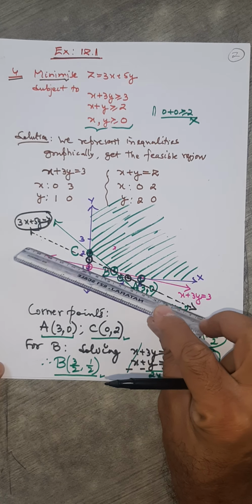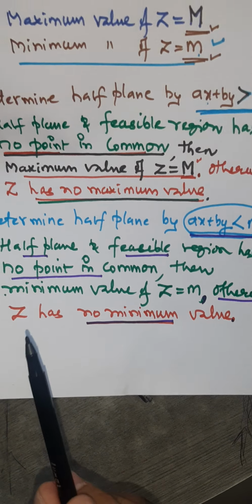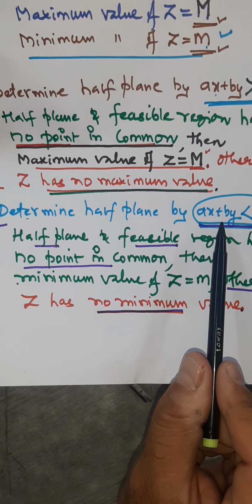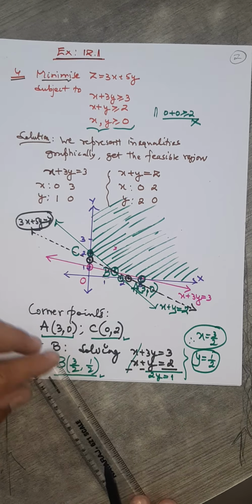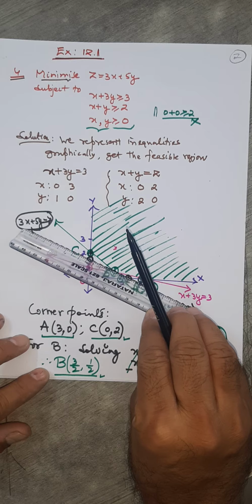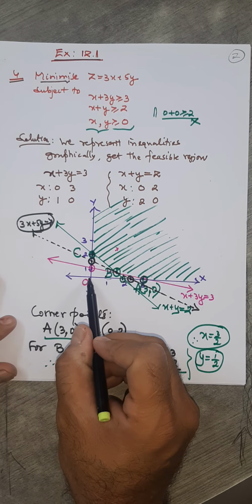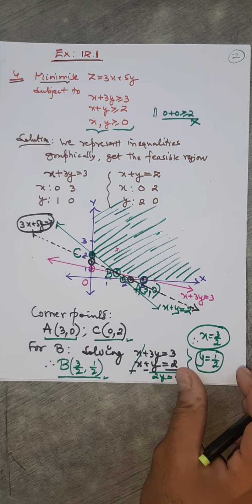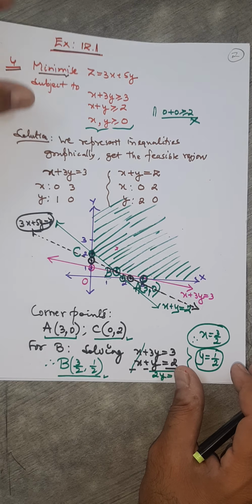Now, how do we decide the half plane? What have we written in the theory? We are finding whether it is the lower half plane or the upper half plane. How do we check that? Take the origin again. Check whether the origin satisfies that inequality or not.